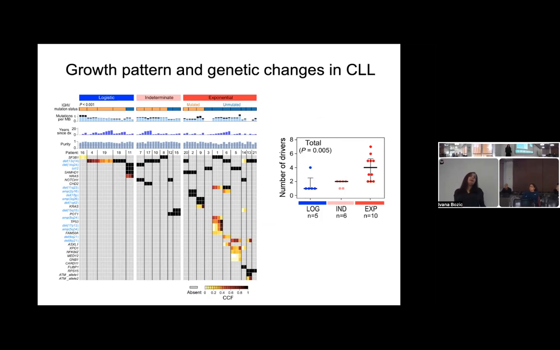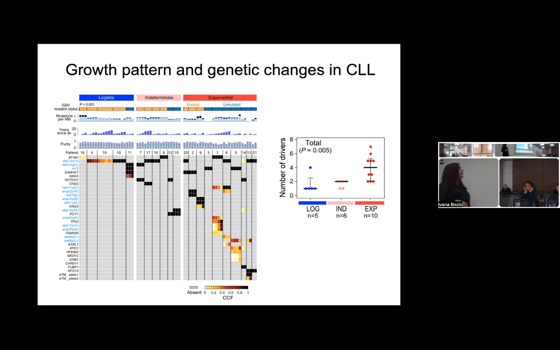But then we also look at the underlying genetics. And so here, we have our patients in these different columns: logistic, indeterminate, and exponential. And for each patient, we have several of these columns because each column is basically a sequencing time point. And here we also show known cancer drivers present in these patients, as well as their clonal fraction in the tumor.